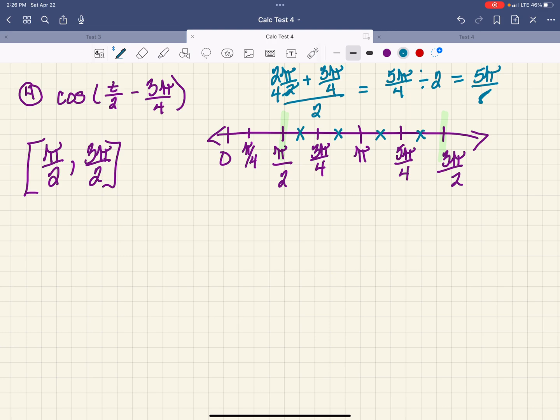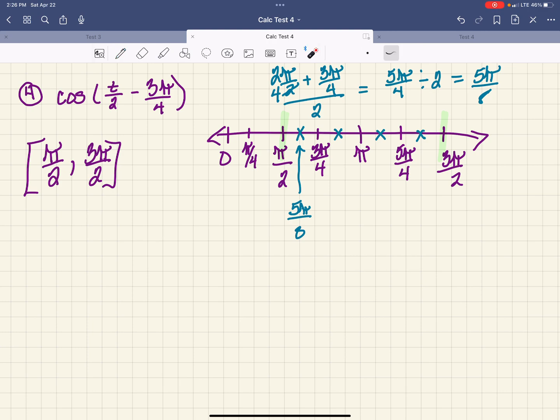So the midpoint of this first interval is 5 pi over 8. Now we know we're talking about eighths.